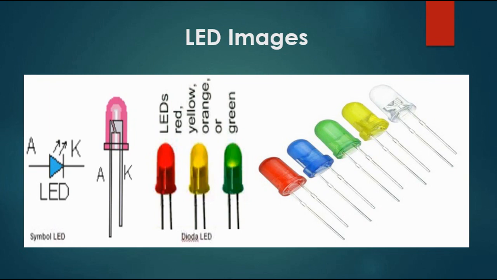Surface mounted LEDs are mostly used in laptops and also in our cell phones. These ones are not surface mounted LED. That is the reason why I want you to understand the difference. You see, we have green, orange, yellow, red. All these are LEDs, the light emitting diode.